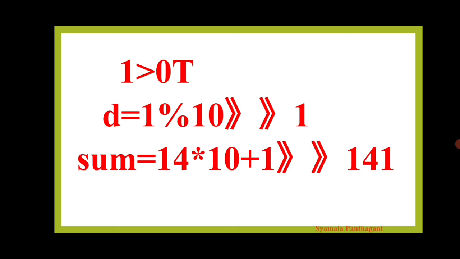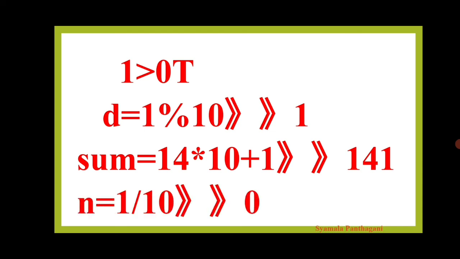Sum is equal to, the new value of sum is 14, 14 into 10 plus d, means 1. 14 tens are 140 plus 1, that is equal to 141. Now n is equal to 1 by 10. Here the numerator is less than denominator, that's why the quotient is 0. The new value of sum is 141 and n is 0.